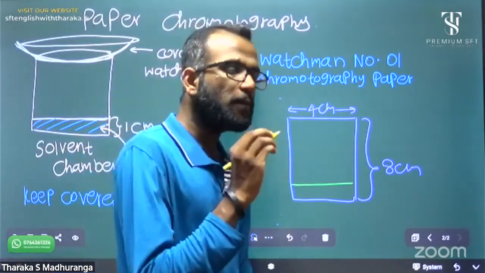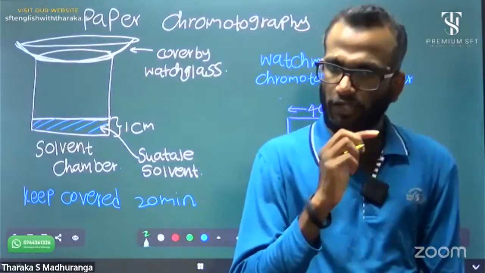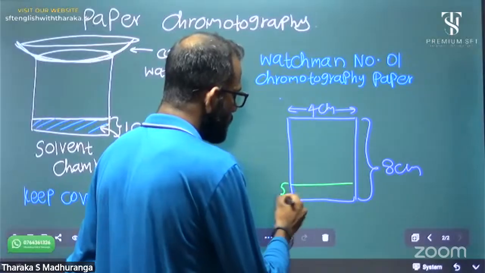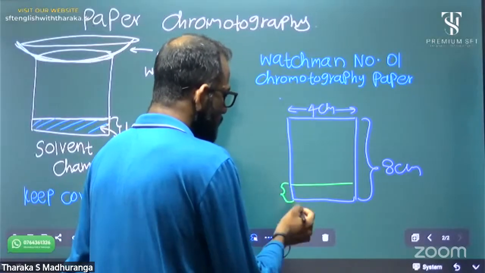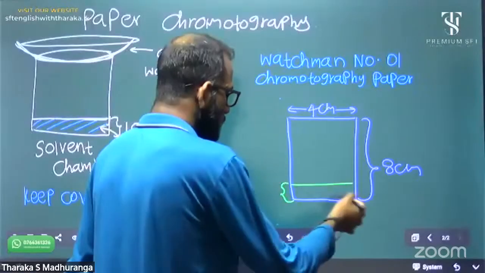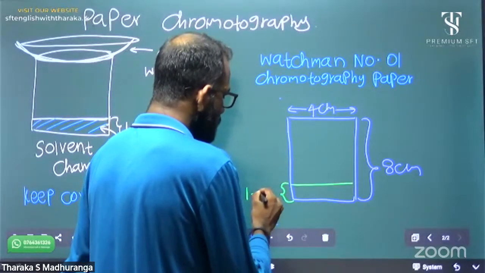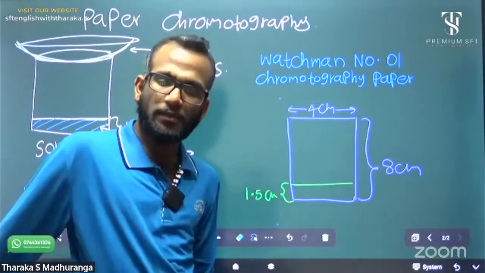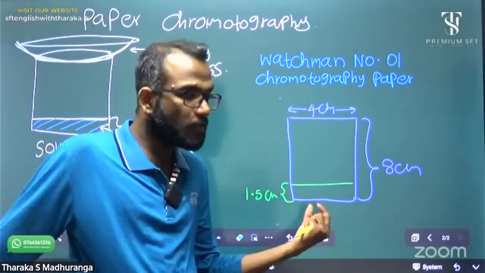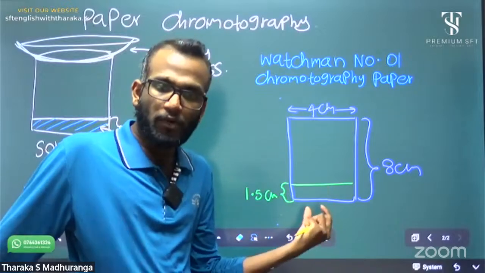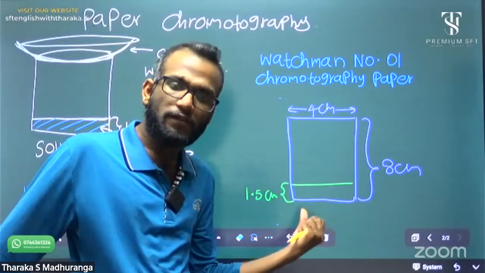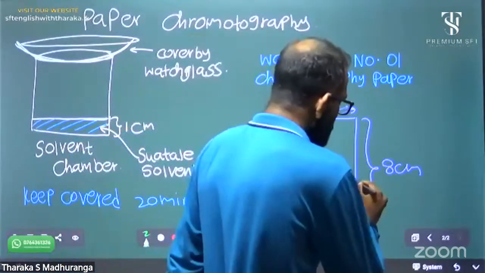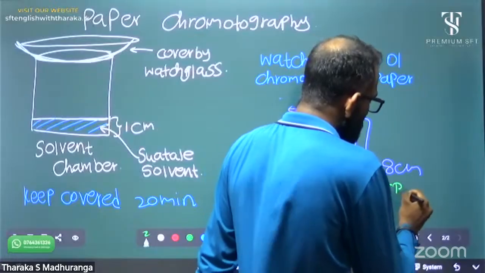You have to draw a very sharp line 1.5 centimeter above the bottom line. Clear? 1.5 centimeter above the bottom level, we have to draw a very sharp line. This line we call the baseline. Remember, we call it the baseline.